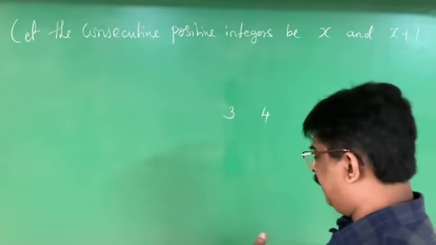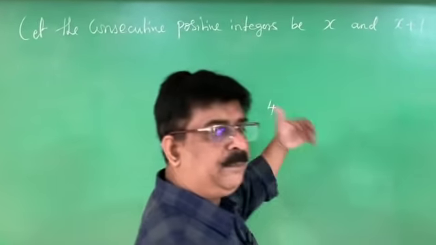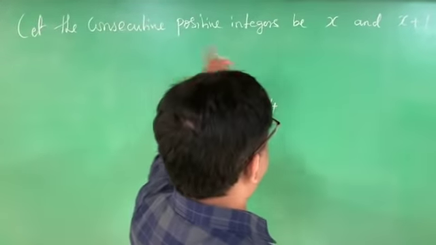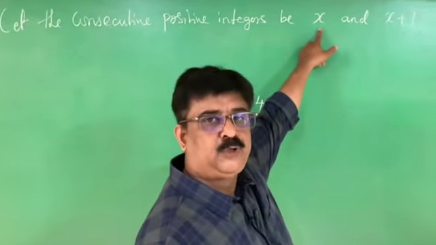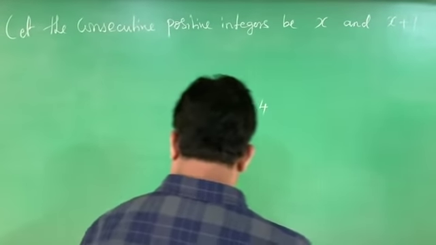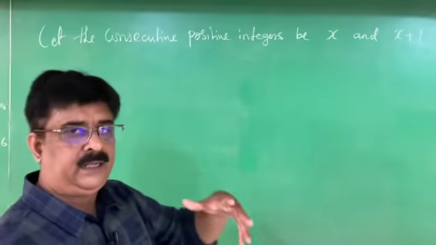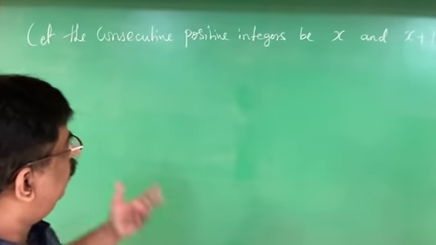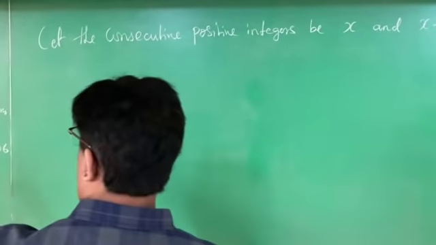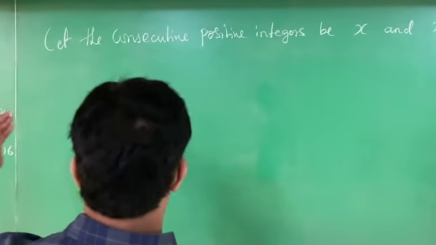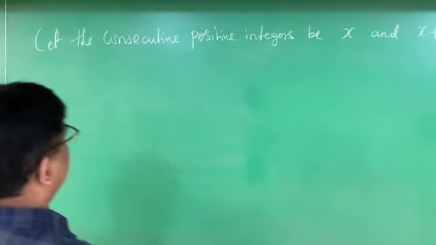Therefore, the next number is obtained by adding 1 to the previous number. The first number I made as x. The next number should be x plus 1. Then it is very simple. Once you write the statement, you can easily frame the equation. How? Product of two consecutive positive integers. Product means you have to multiply.